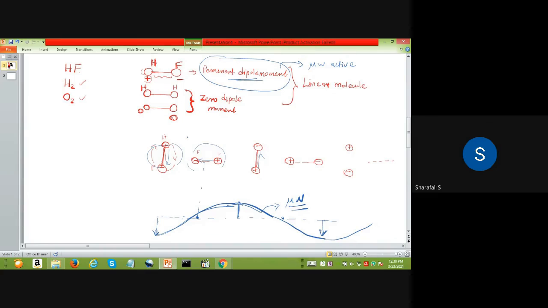Also, an important thing is that if this molecule, for example this hydrogen fluoride, is rotating at some particular frequency, let's say mu, it will absorb the same frequency. If some frequency is coming from an external source and interacts with this molecule, and this incoming radiation also has the same frequency mu, then only this molecule will absorb that frequency and increase its frequency of rotation.